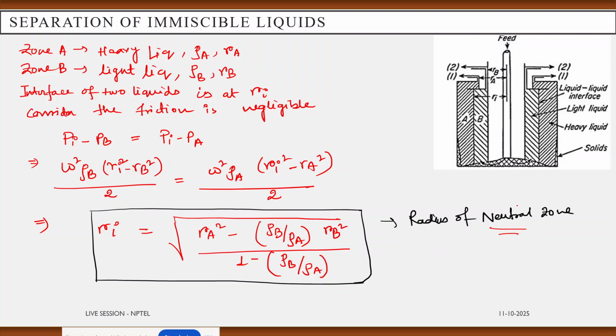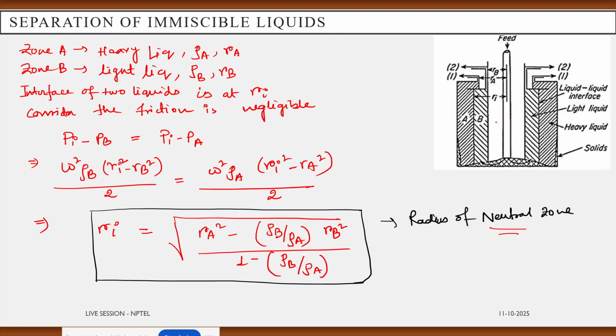If Rb is increased while keeping Ra constant, then the neutral zone will shift towards the axis of rotation, and vice versa will occur.